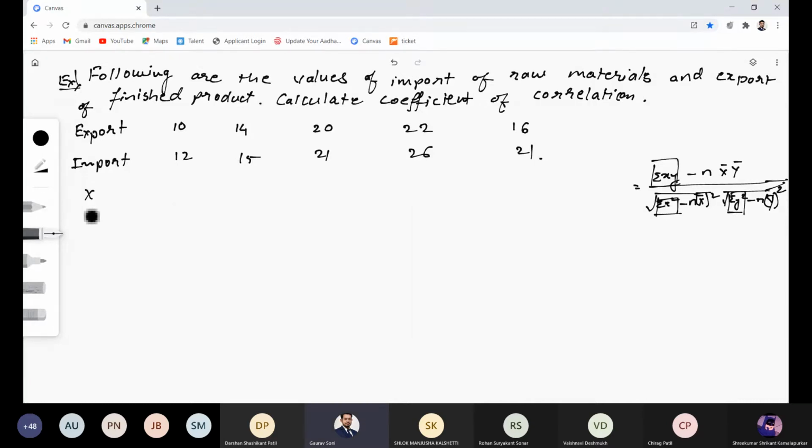First of all, x, which is 10, 14, 20, 22, 16. Y is 12, 15, 21, 26, 21.